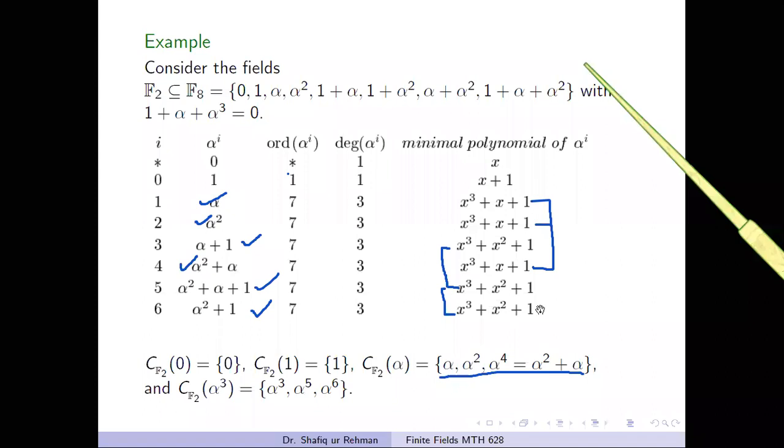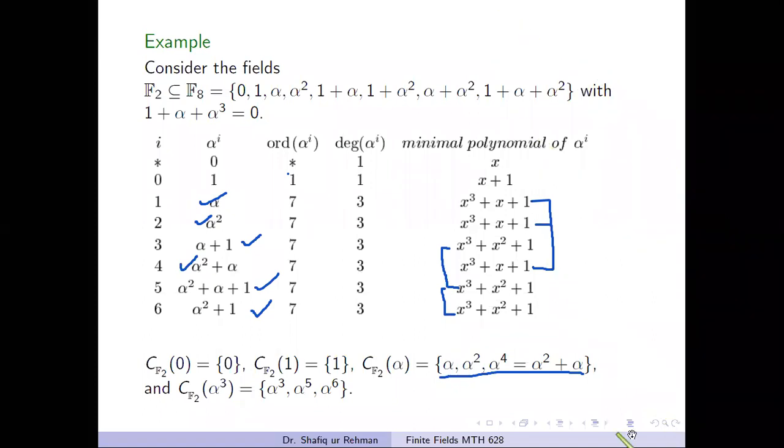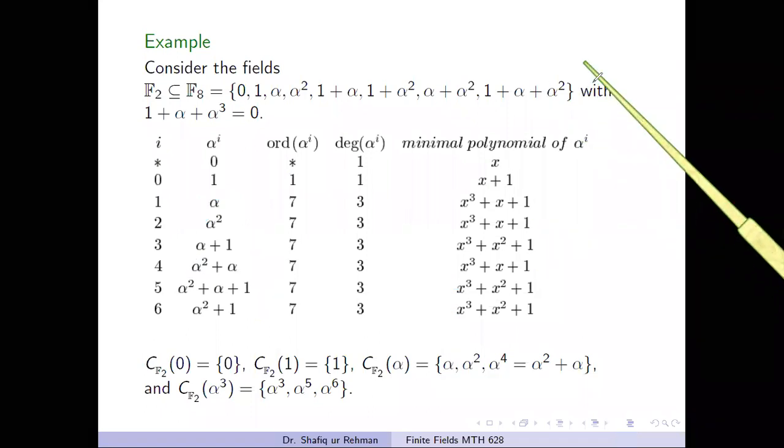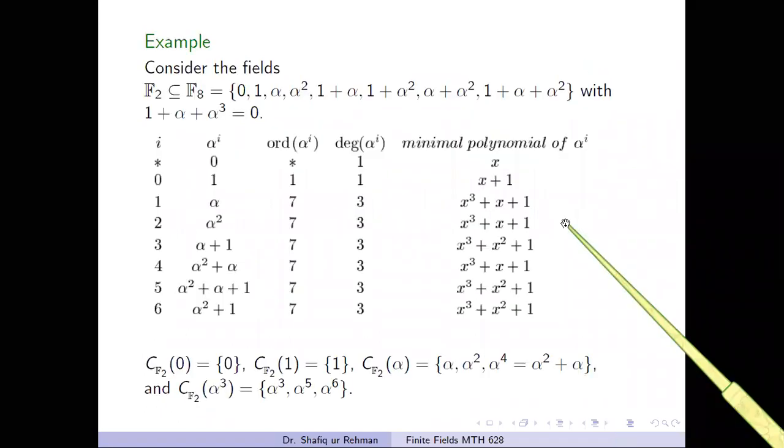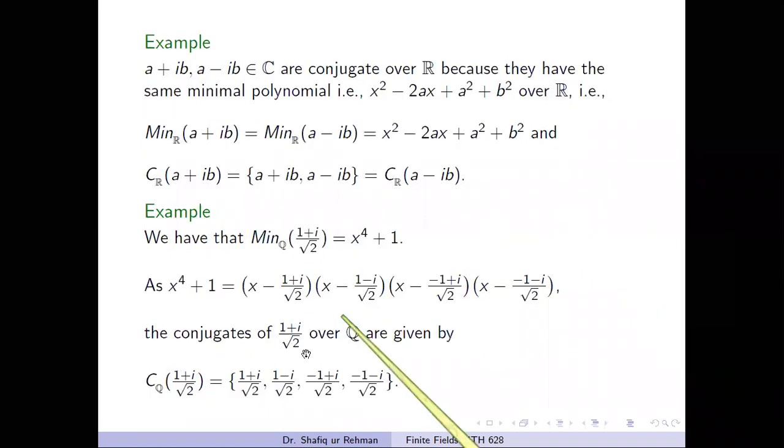Now we move to other things. Here is a simple lemma. As you have noticed here, if we know all the roots, all the conjugates of some element, and we make their linear factors and multiply, we get a minimal polynomial.